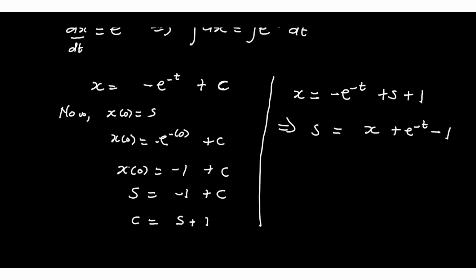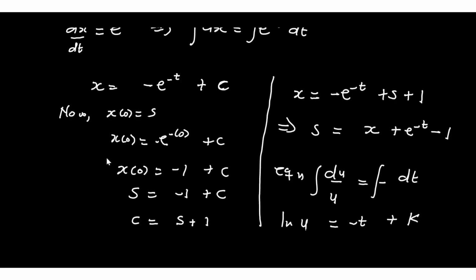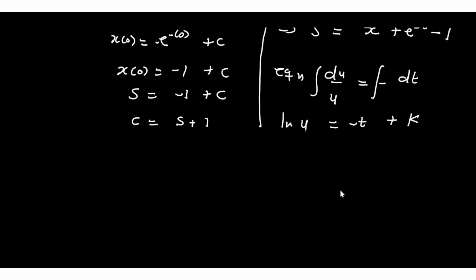Now we solve the second equation, equation 2, and when we solve it we're going to have du over u equal to negative dt. That is when we separate the variables. Now if I integrate both sides, I have ln u equal to negative t plus a constant. Let's use k in our case here. Now how do we get our u?